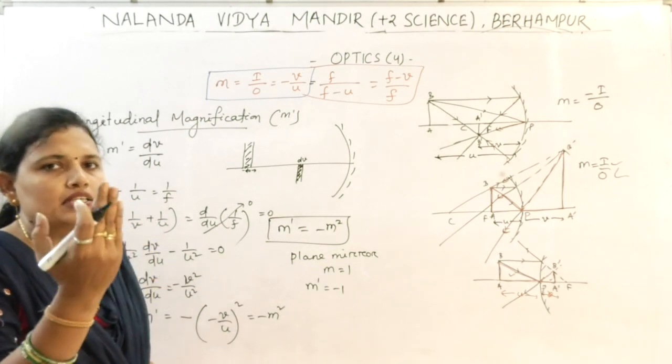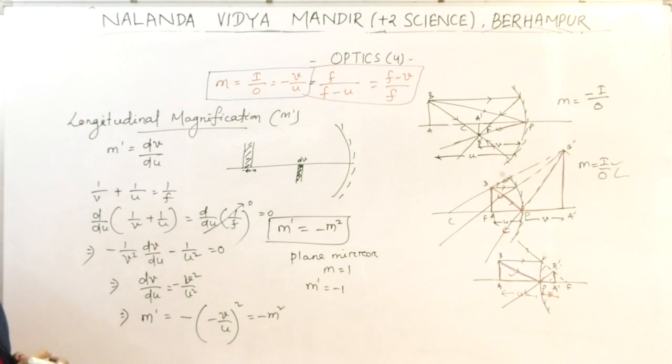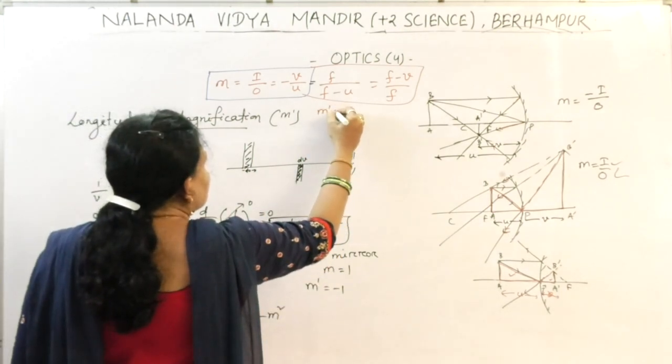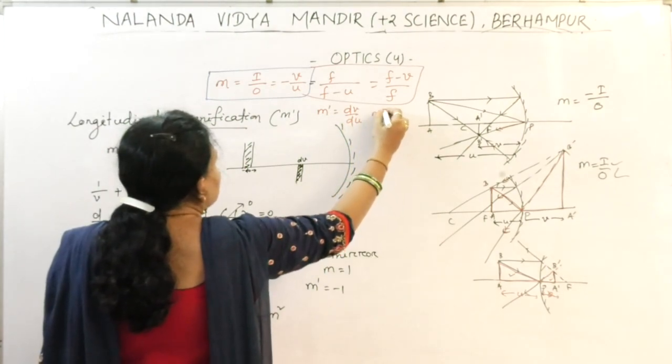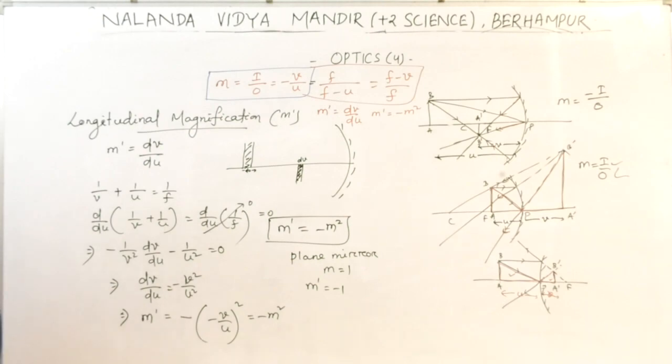That means the image is laterally inverted in case of a plane mirror. All of you clear now? So what we got: M dash equal to dv by du, and M dash equal to minus m square. This is the relation between the linear magnification and the longitudinal magnification.